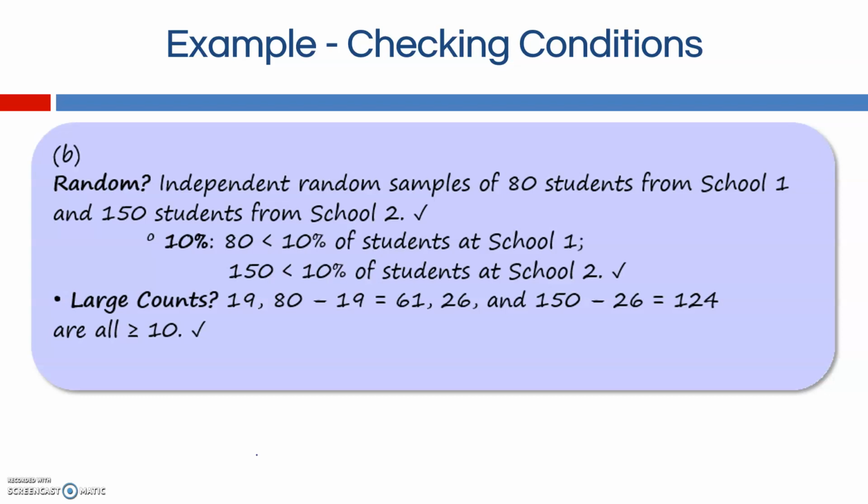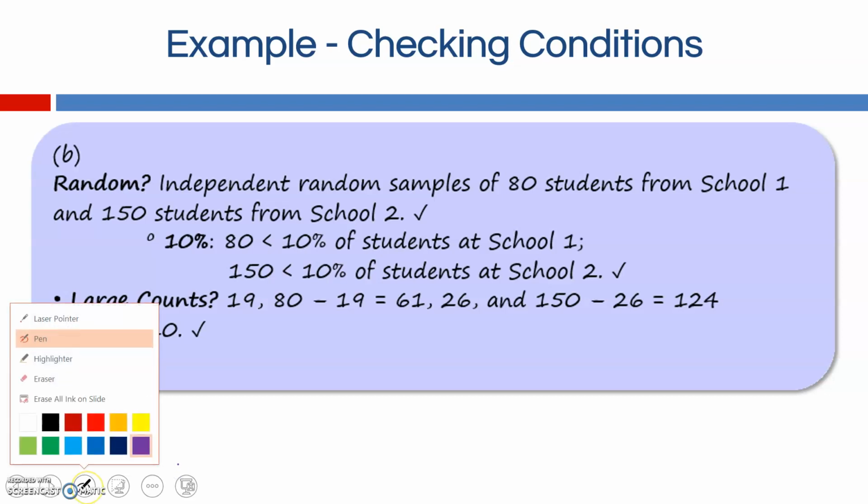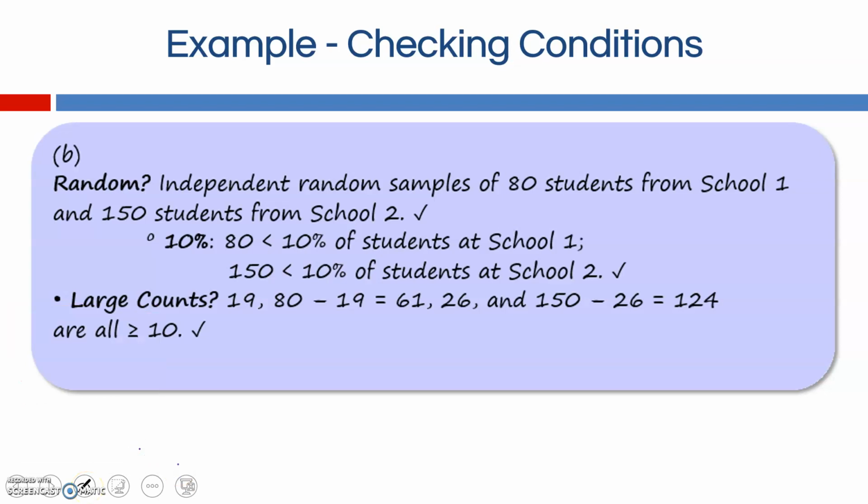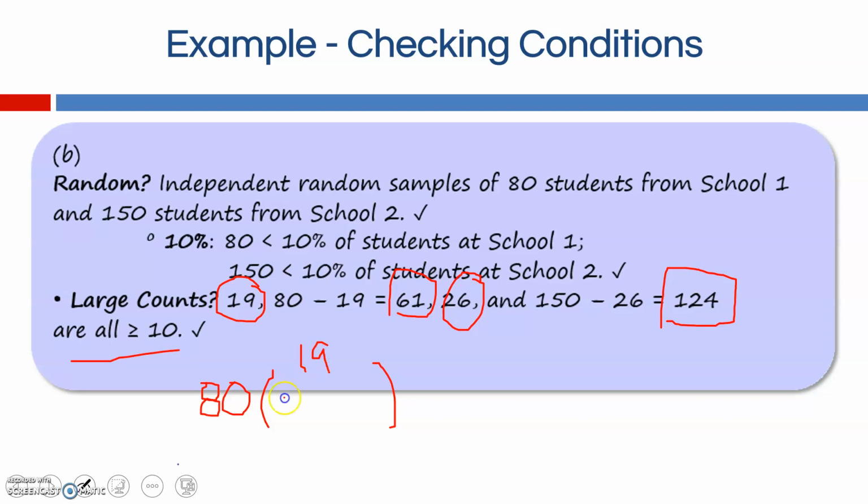Finally, large counts. Here, they just give you the counts: 19, 61, 26, 124, all are greater than or equal to 10. Otherwise it is much more of a hassle to go 80 times your P hat sub 1, which would be 19 over 80.